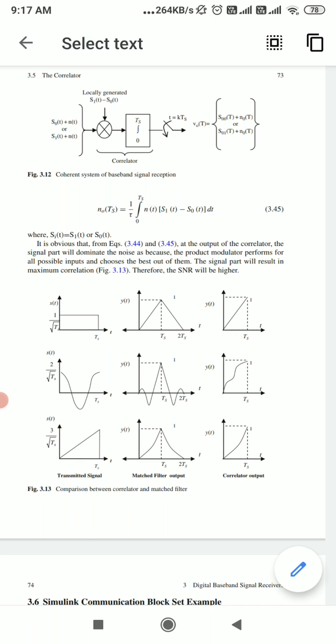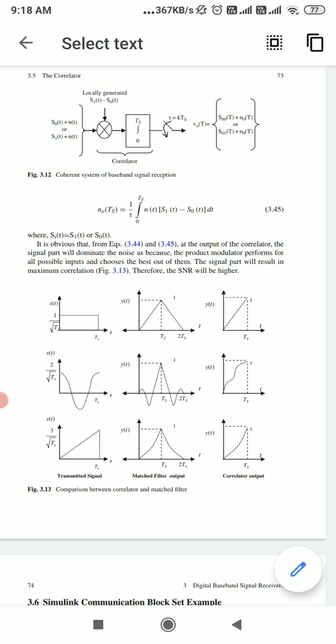If we are calculating the probability of error for the correlator, like we have seen the probability of error for the match filter and for the optimum filter, we can calculate the error probability using signal space and decision theory. From decision theory, if we apply the minimum error test, we get the minimum error probability.